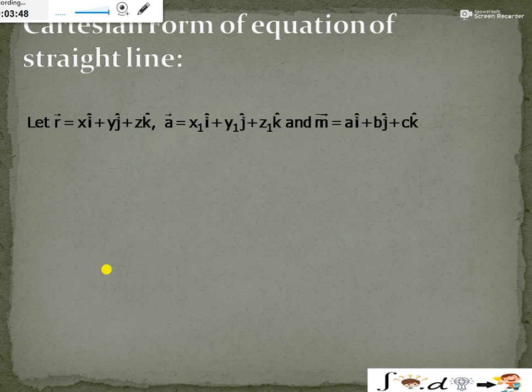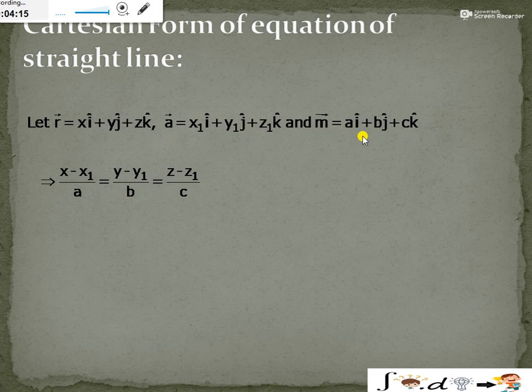Cartesian equation of a line, that means here we have to substitute vector r is equal to xi plus yj plus zk. And given fixed point, that is vector A is equal to x1i plus y1j plus z1k. And this M vector, direction of a vector, that is ai plus bj plus ck.